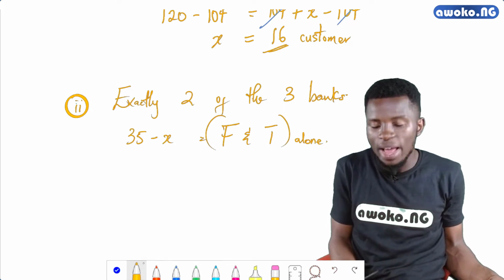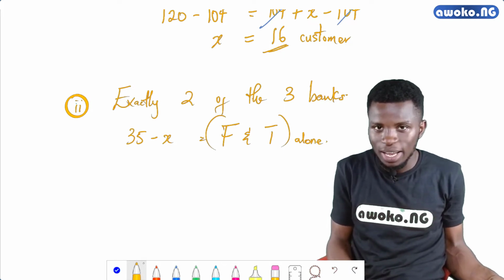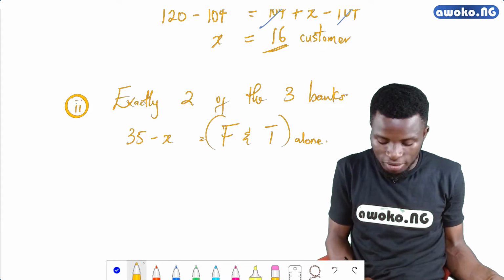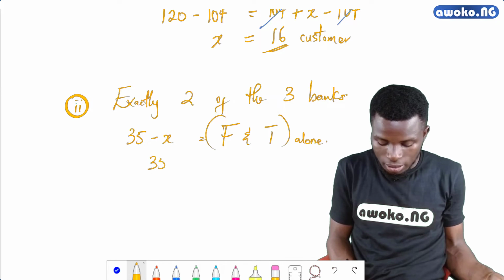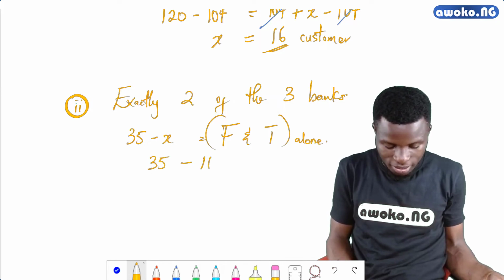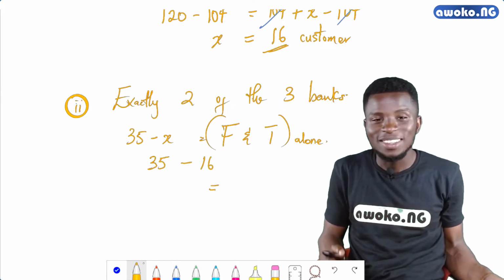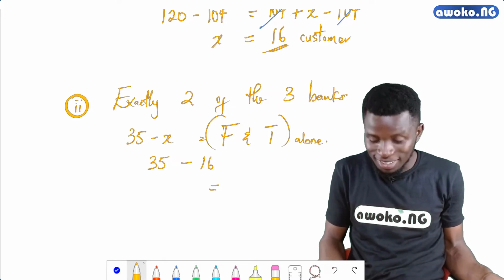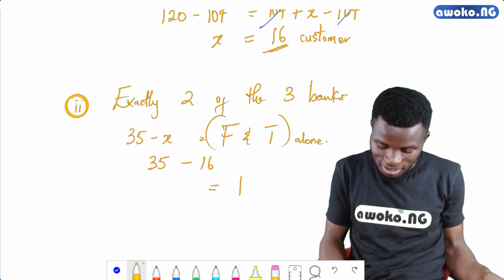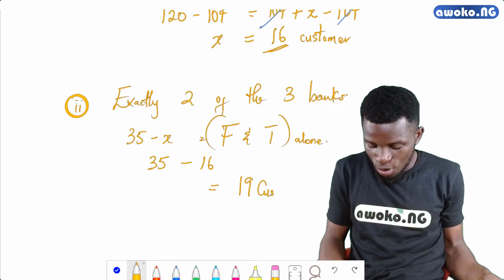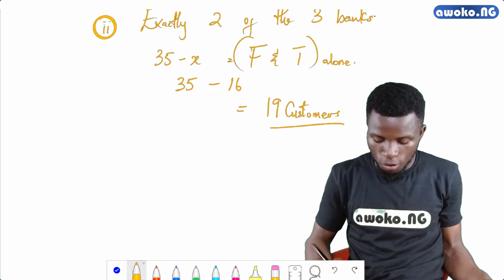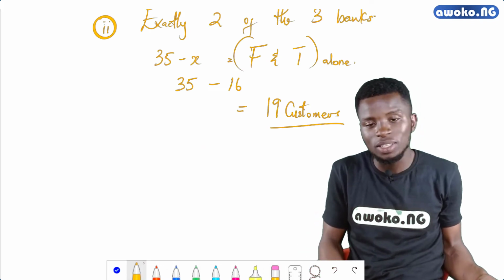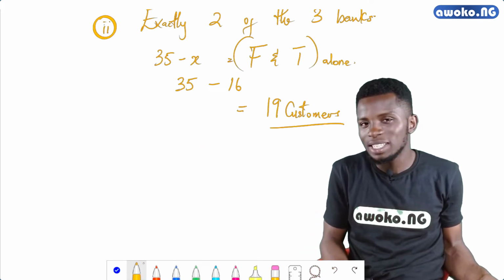So, how do we do it? Since we already have our X to be 16, then we can say we have 35 minus 16. And of course, 35 minus 16 equal to 19 customers. Now, having said that, let us also look for the customers that banked with Trust Bank and Access Bank.